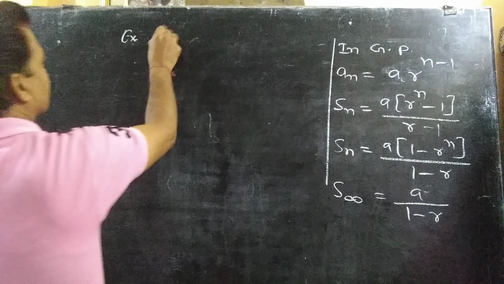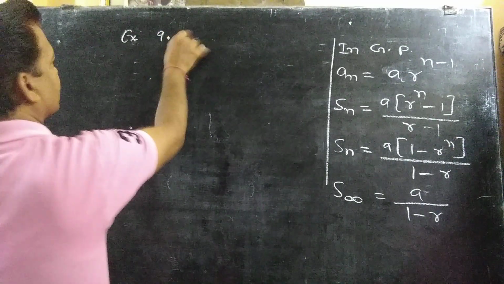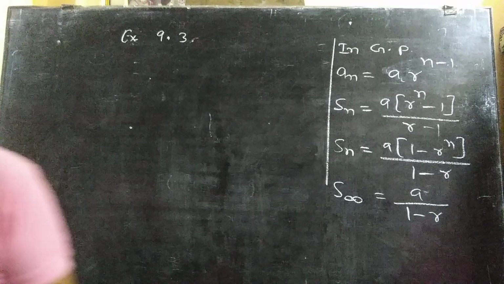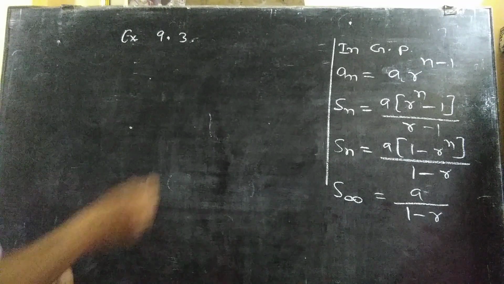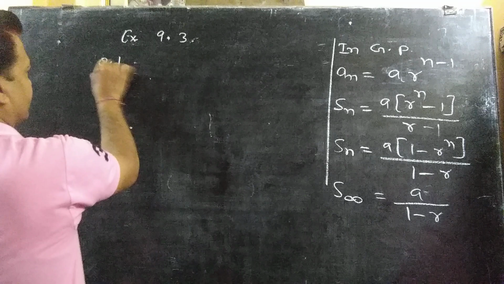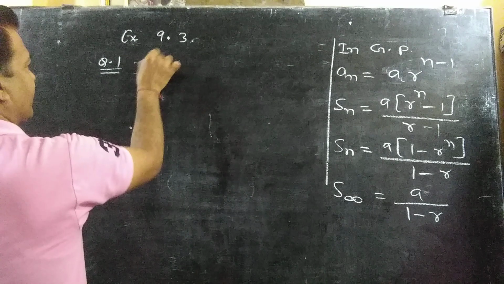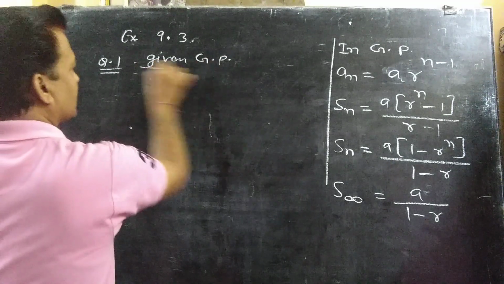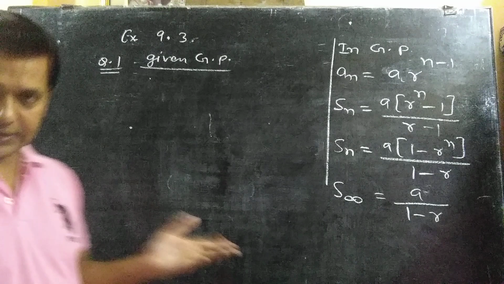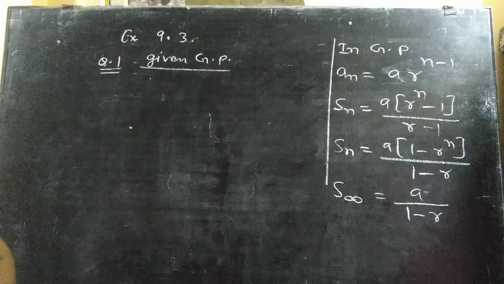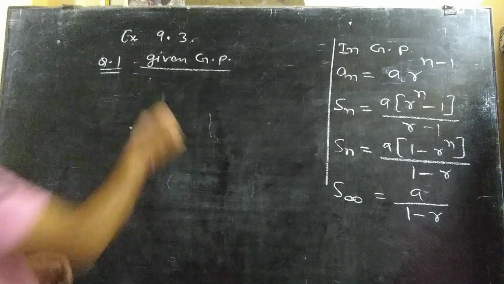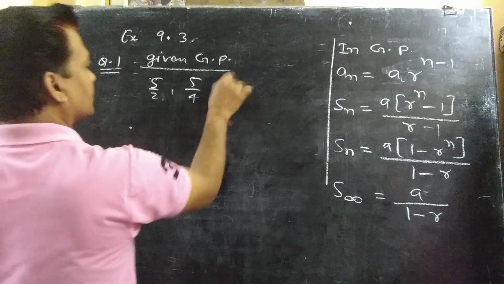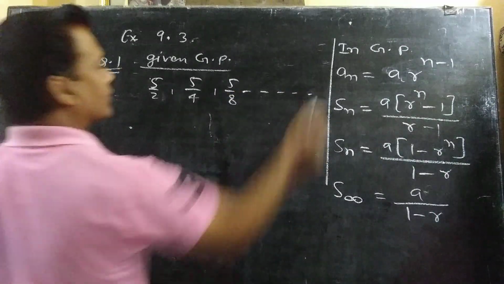Exercise 9.3. In this exercise, first we are taking the first problem. Question number 1. Given GP, geometrical progression, is 5 by 2, 5 by 4, 5 by 8 and so on and so forth.